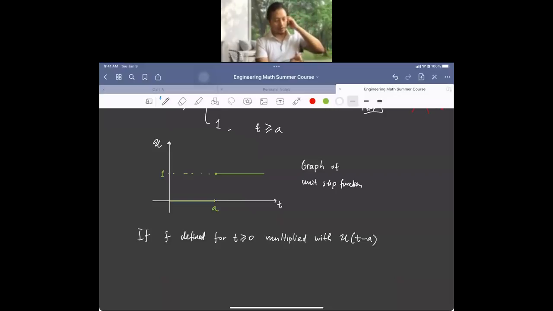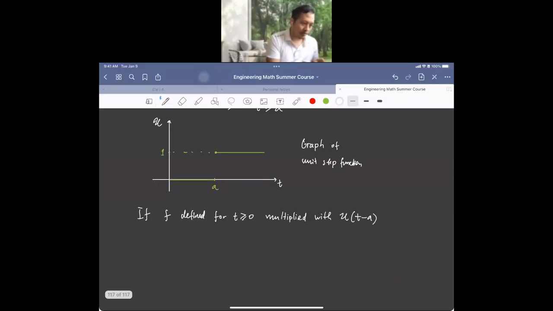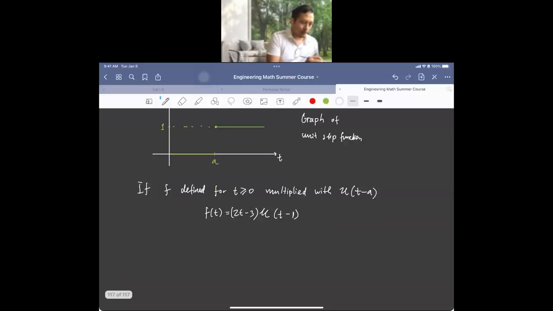So what will happen? Let's say we have the function 2t minus 3. Let's multiply this with the Heaviside function t minus 1. What will happen?